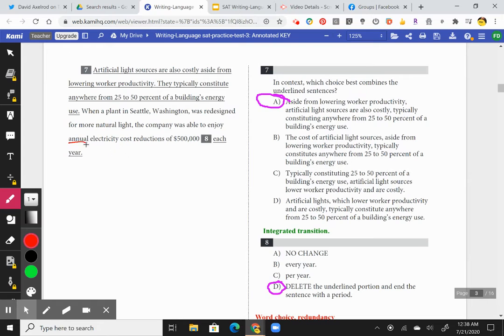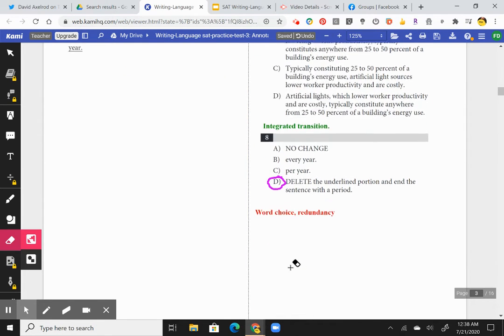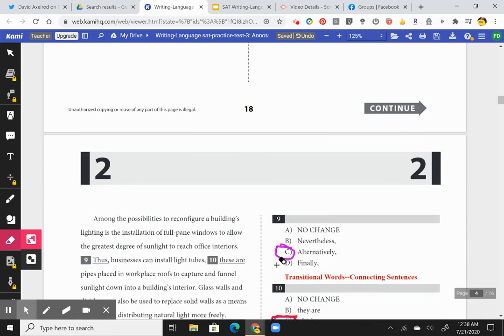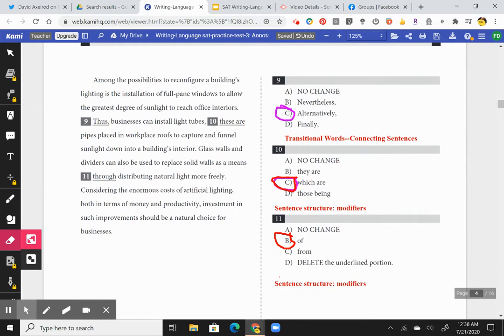Annual and each year are the same thing, right? So that's why we delete it. It's redundant, and that's what we would do. Delete it. Okay. Moving on to the next paragraph.